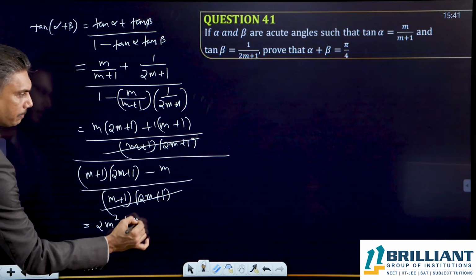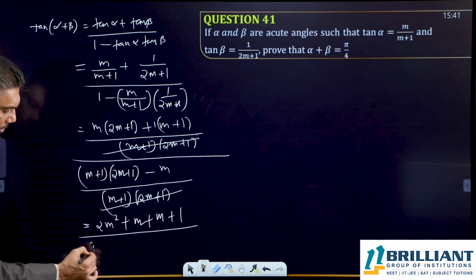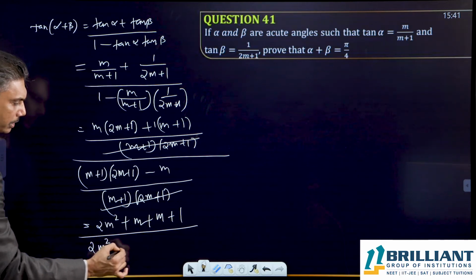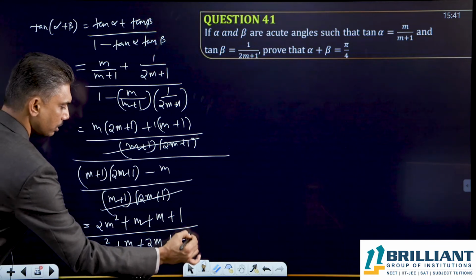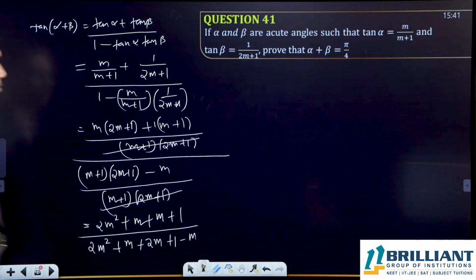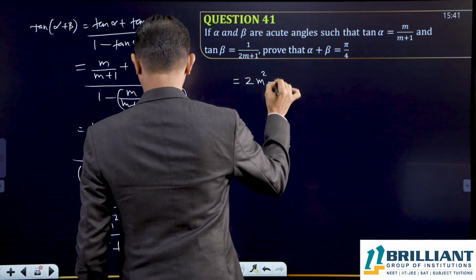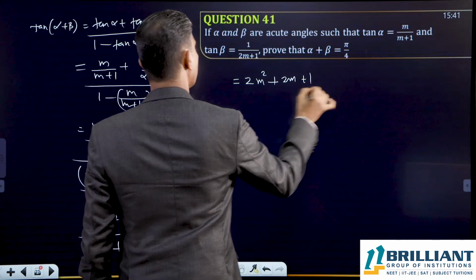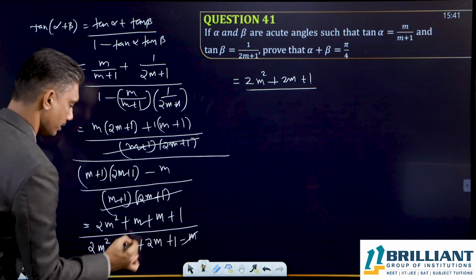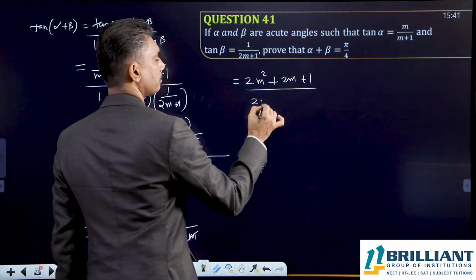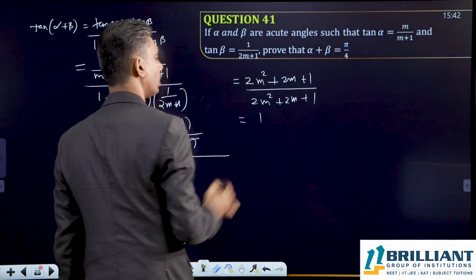What is there in the numerator? 2m square plus m plus 1 by 2m square plus m plus 2m plus 1 minus m. Now, that is equal to 2m square plus 2m plus 1 by 2m square plus 1m you can cancel here, 2m square plus 2m plus 1 is equal to 1.